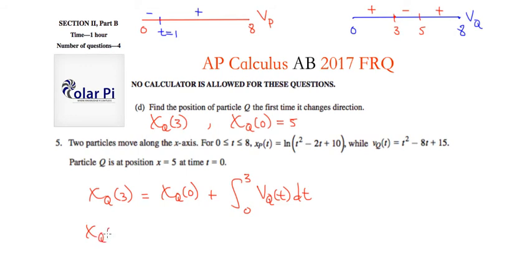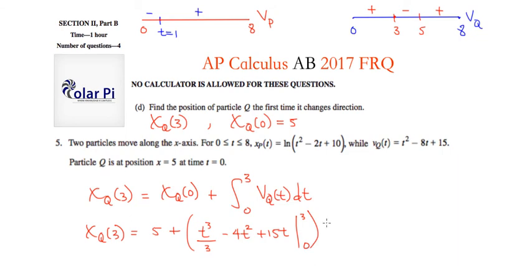x sub q of 3, what we're after, is equal to 5 plus the antiderivative of this. It's t cubed divided by 3, right? And then minus 8t squared divided by 2, so minus 4t squared, and then plus 15t, and we need to evaluate this from 0 to 3, right?